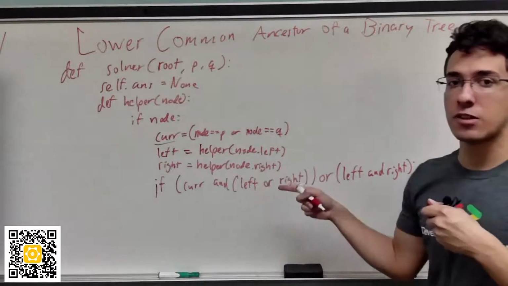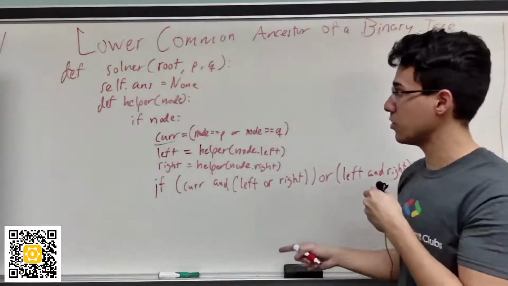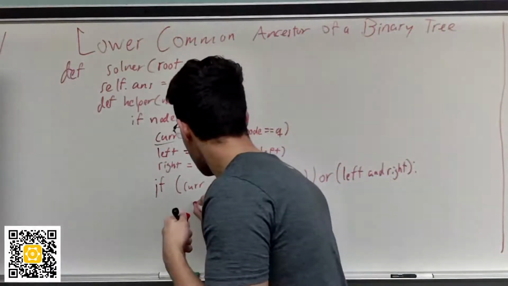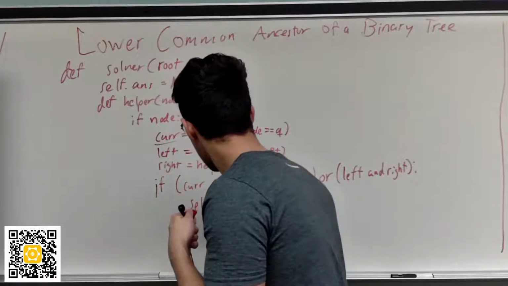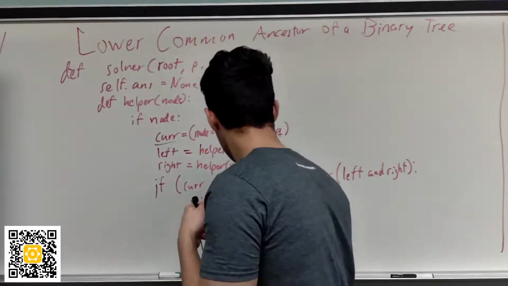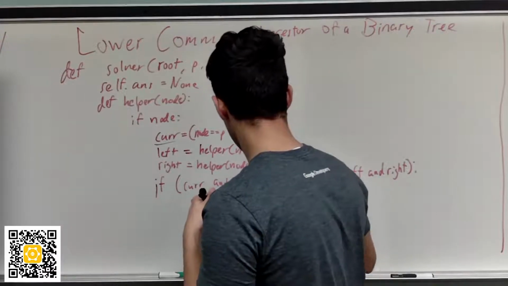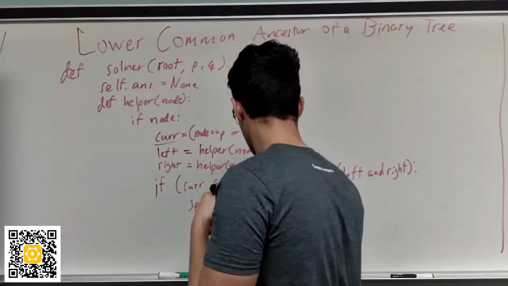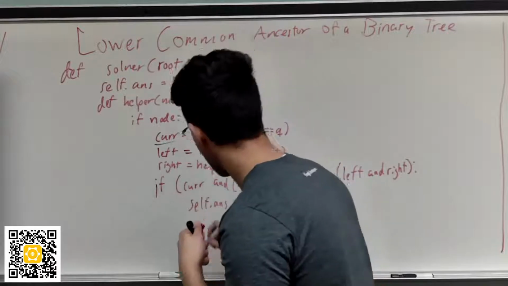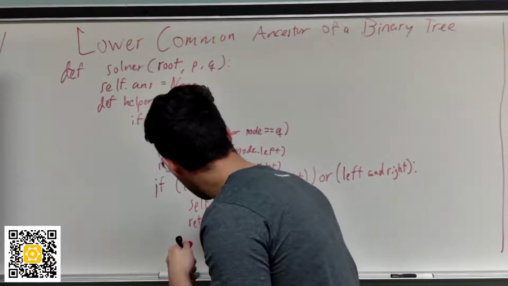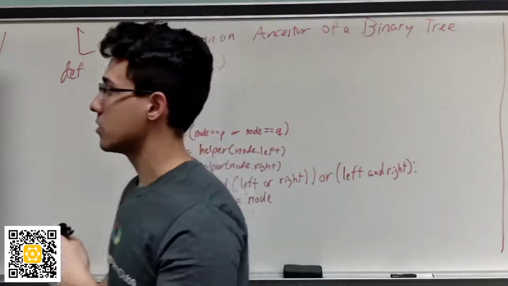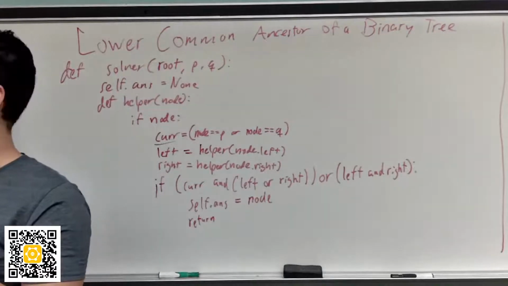Those are the two cases you check, and it's in this instance where you change it. You set it equal to the current node you're on. And once you find the answer, say you're here, you return false.